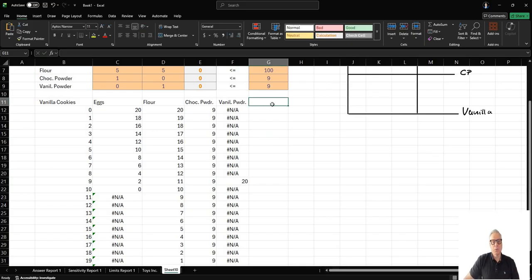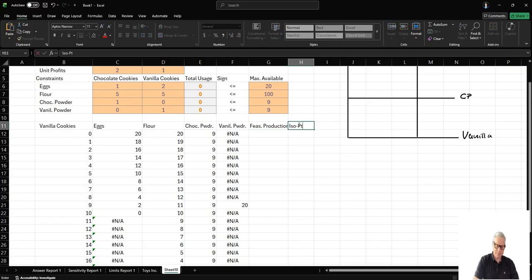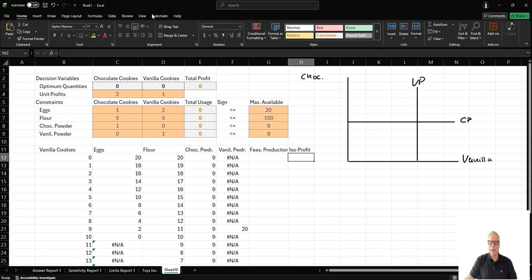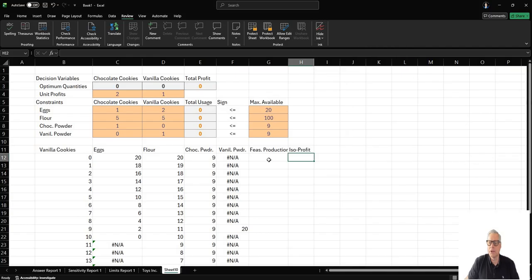Then I also want to have an ISO profit line. We can also do the feasible production and the ISO profit. And at this point I can delete all the ink in that sheet.